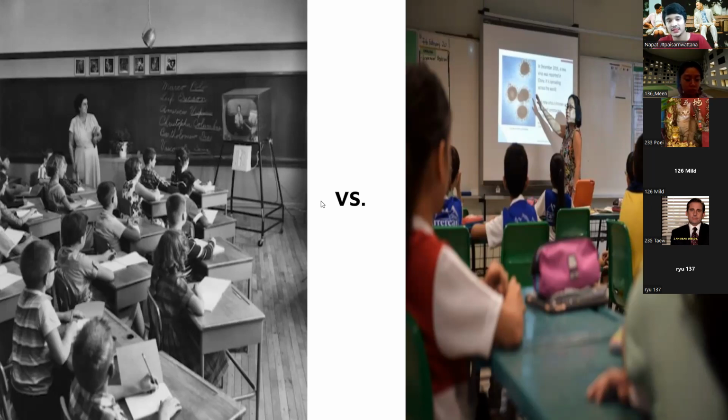We have a black and white television on the left-hand side. On the right-hand side, we have PowerPoint slides, screen projectors and so on. The technologies may have changed a little bit, but the setting of the classroom is still the same. The way that the teacher delivers the lesson is still pretty much the same.